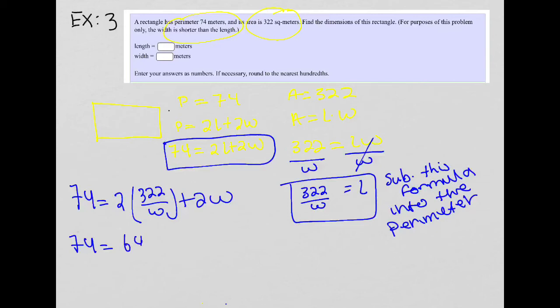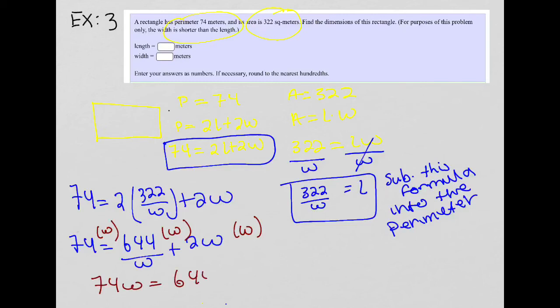That's 644 over W plus 2W. Now, if you notice, we have a fraction, and we should certainly want to eliminate that fraction. So I'm going to multiply everything by the denominator of that fraction, which is W. So then this becomes 74W equals 644 plus 2W squared.